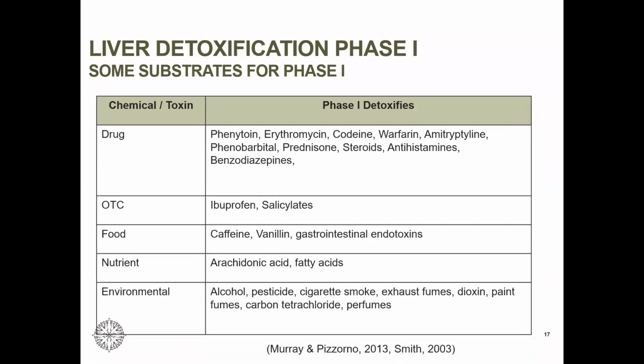And these are the compounds that phase 1 detoxifies. Various drugs such as antihistamines or steroids, ibuprofen, salicylates, caffeine. Has anybody heard that when they take caffeine, even in small amounts, they can't tolerate it or they can't sleep?